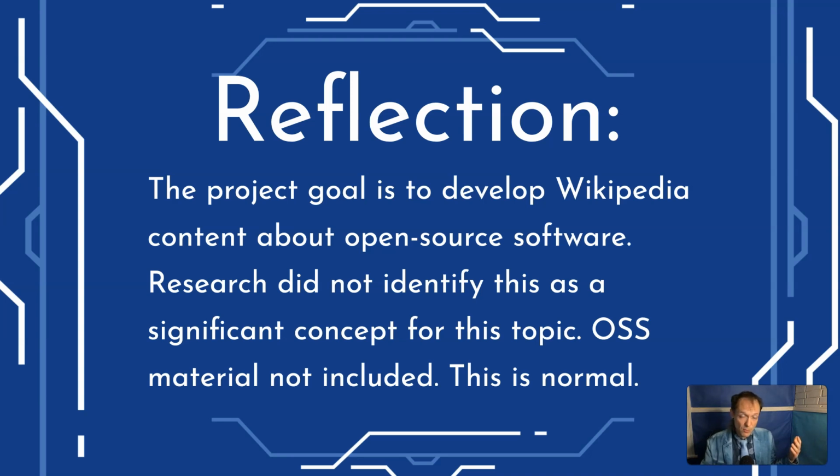So even though the theme of the overall project is developing Wikipedia articles about open source software, I'm sharing the data breach article as an example of a success. We developed content. We didn't find so much representation of open source software discussion in texts which talk about data breaches. This is still good for the wiki community. This is still a success because now there's a good article, and we chose the article we wanted to develop and went forward with it, and it didn't meet our original expectations, and that's fine because it's still a great article there.